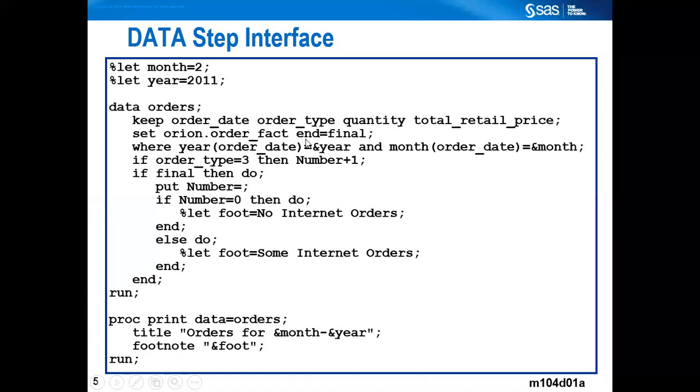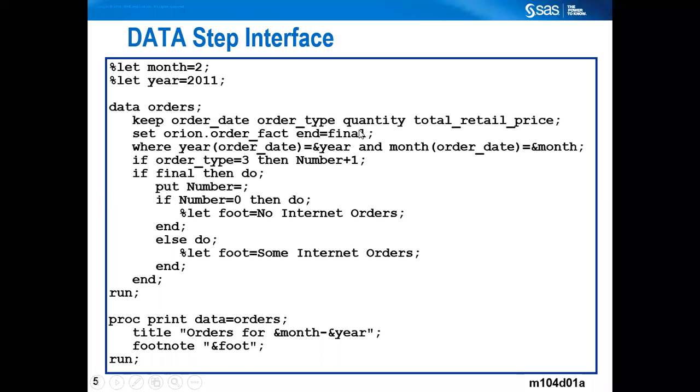This END is actually a data set option, the same way we use IN= with merge. It is the END= data set option, where you can create a temporary variable called final.